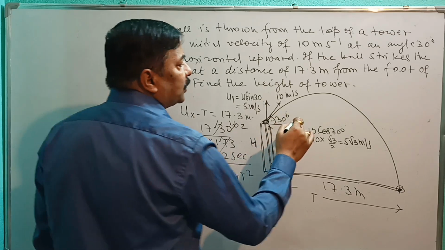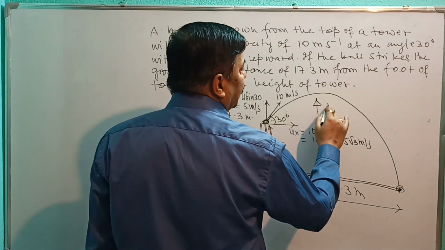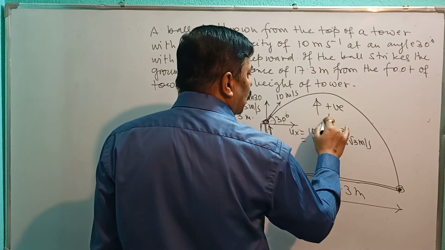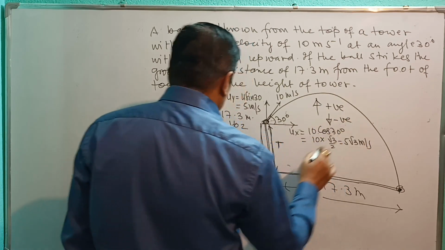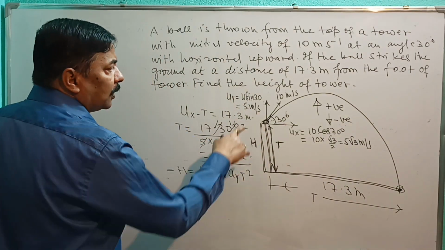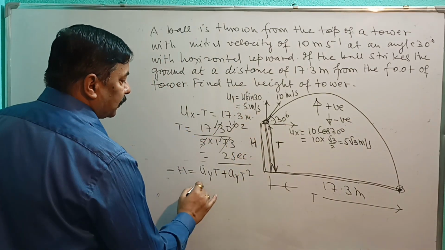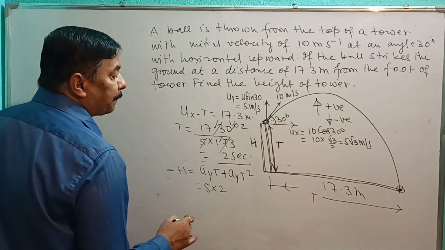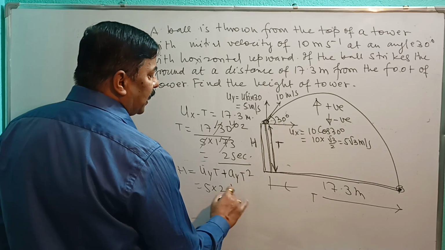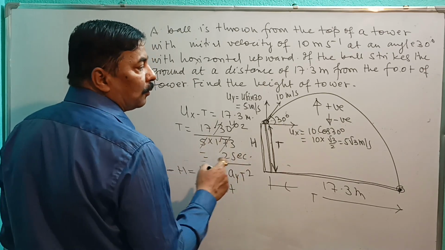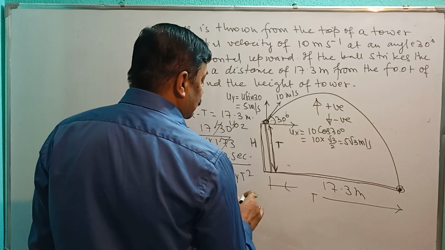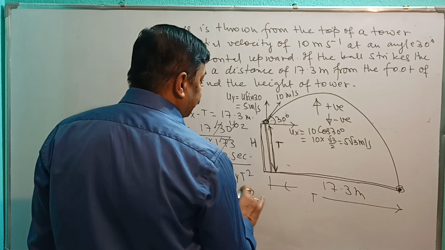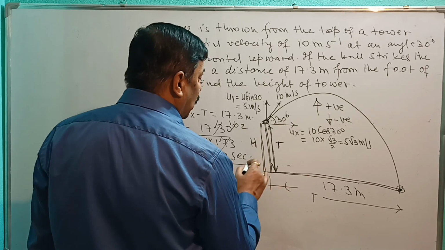I am taking this upward direction as positive, and this downward direction I am taking as negative. So uy is positive. How much is this? 5. 5 into t is how much? 2. ay is how much? ay is minus g. Why? g has this direction, which is minus 10 into t square is how much?